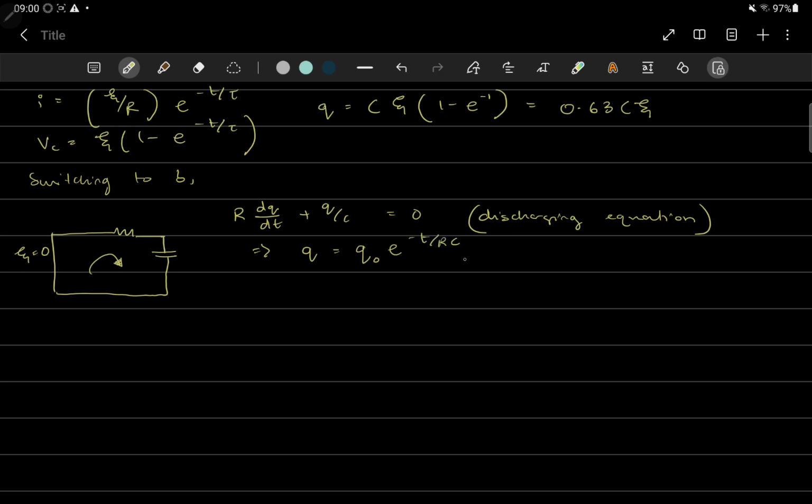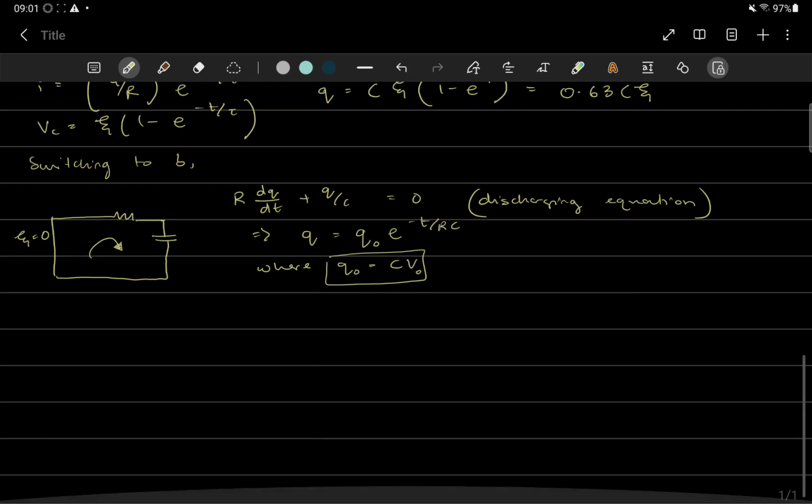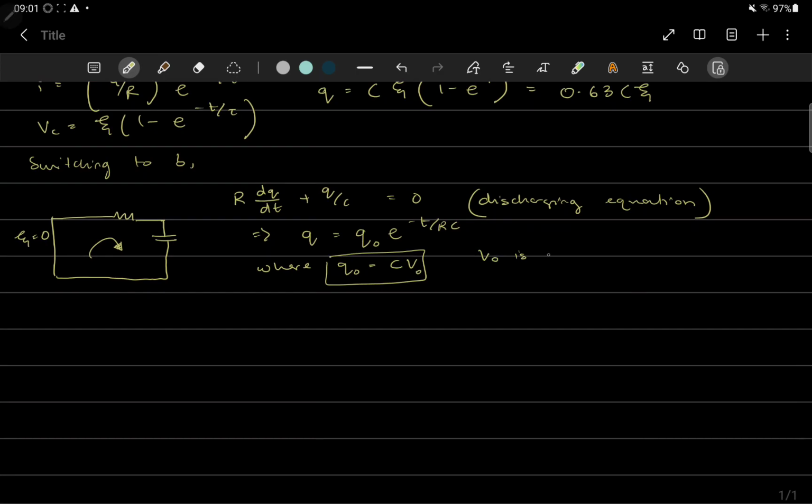Okay, again this is for the discharging equation where Q naught is the initial charge on the capacitor. Of course I have V naught over here because this is Q naught, where V naught essentially is the potential difference that is equal to the EMF that we started with. So V naught over here is the initial V naught, which initially was zeta equals V naught, right?